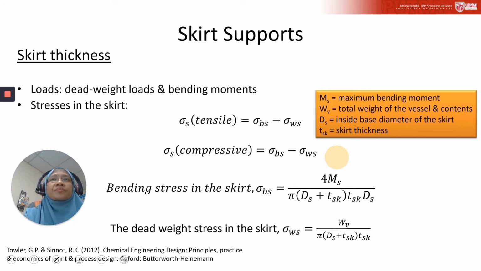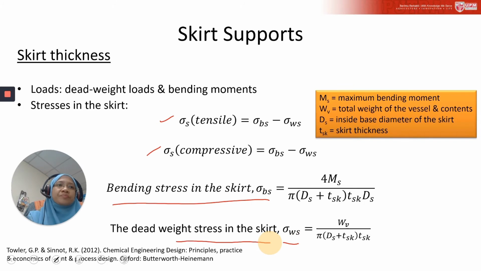So the resultant stresses in the skirt will be tensile and compressive, where sigma bs is the bending stress in the skirt, and sigma ws is the weight stress in the skirt.